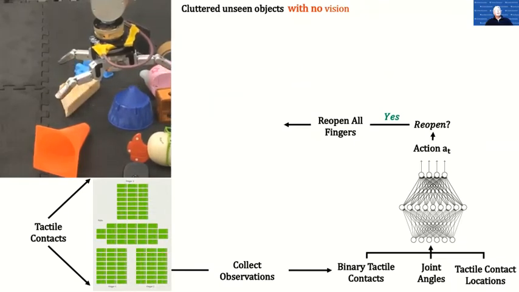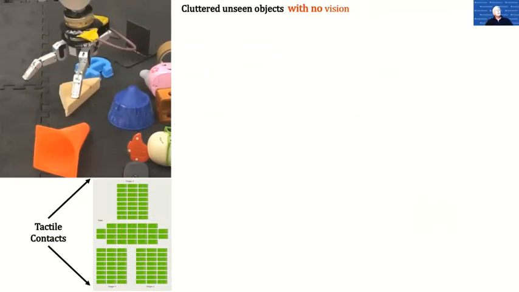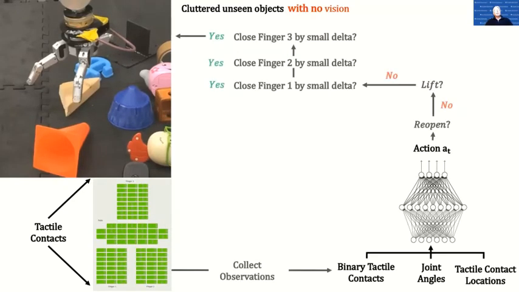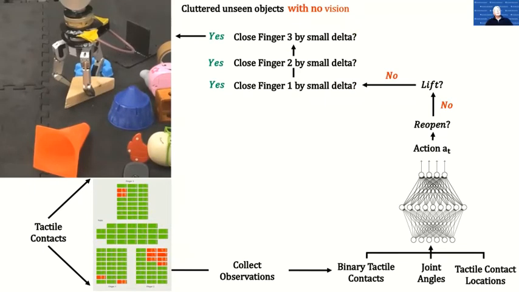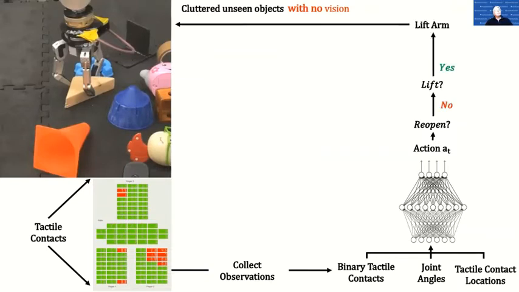And now we'll adjust the end effector orientation and position to try to optimize on what we do know about the tactile context. And then we can go through the system again, and then I try to close it through these small incremental deltas, and we'll get a better grasp. And at this point, we want to say, okay, we've got a lot of tactile context now. Should we reopen? No. Should we lift? Yes. And now we'll lift it out.